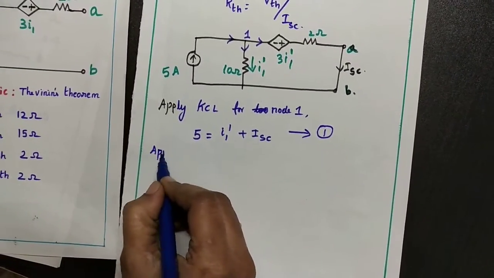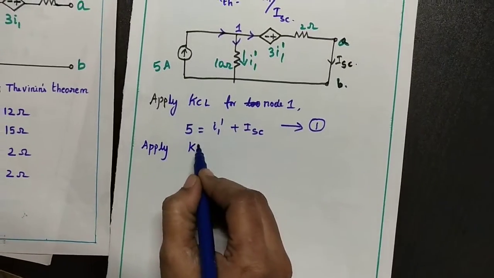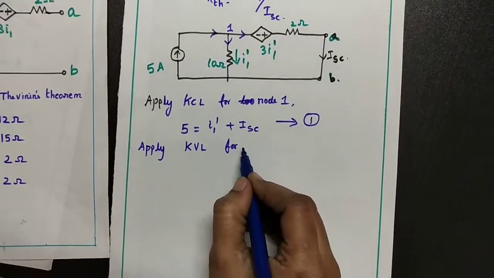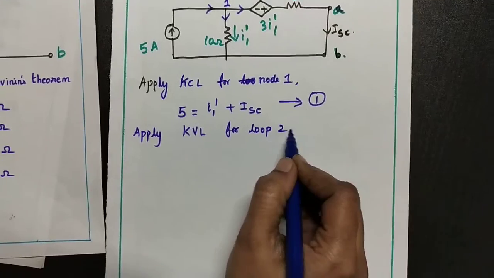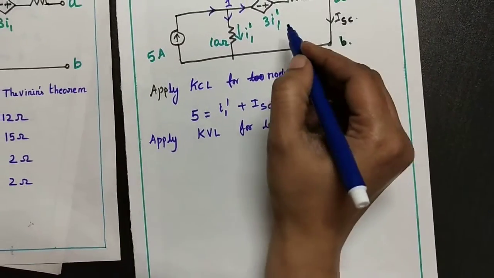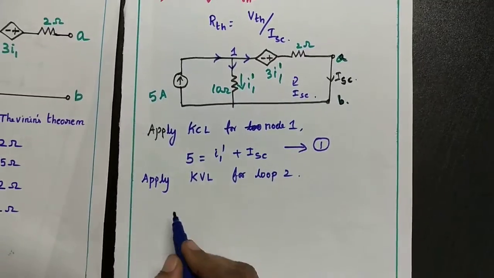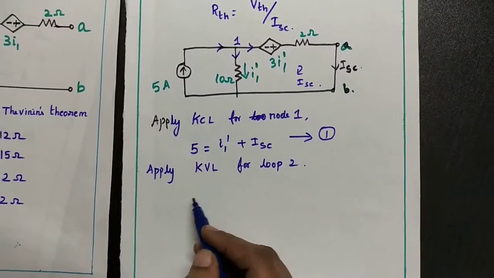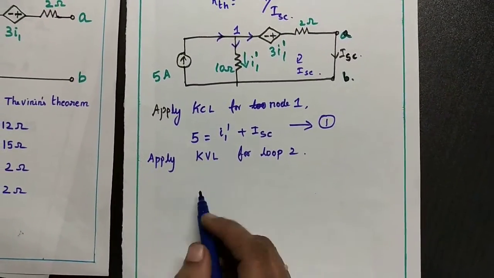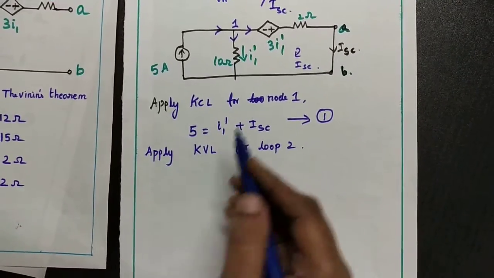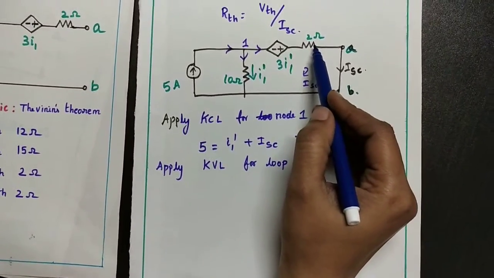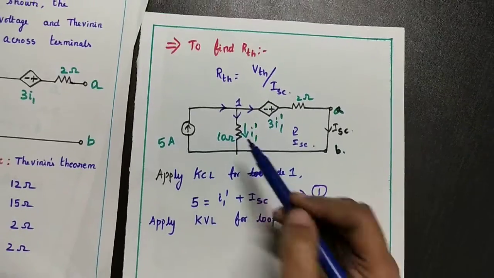Then applying Kirchhoff's voltage law for loop 2. This is ISC current. So we know Kirchhoff's voltage law is sum of voltage drops equal to sum of voltage rises. Here two resistances are there. One is 2 ohms, another one is 10 ohms.